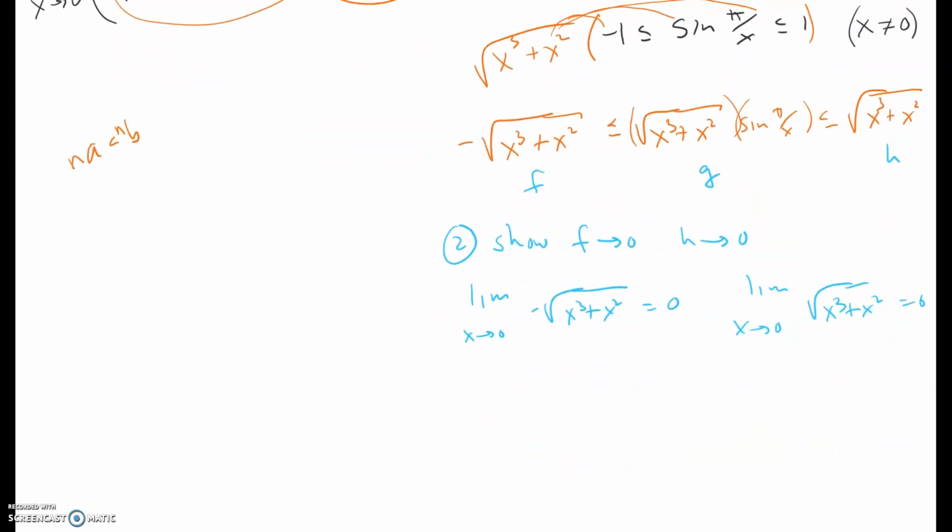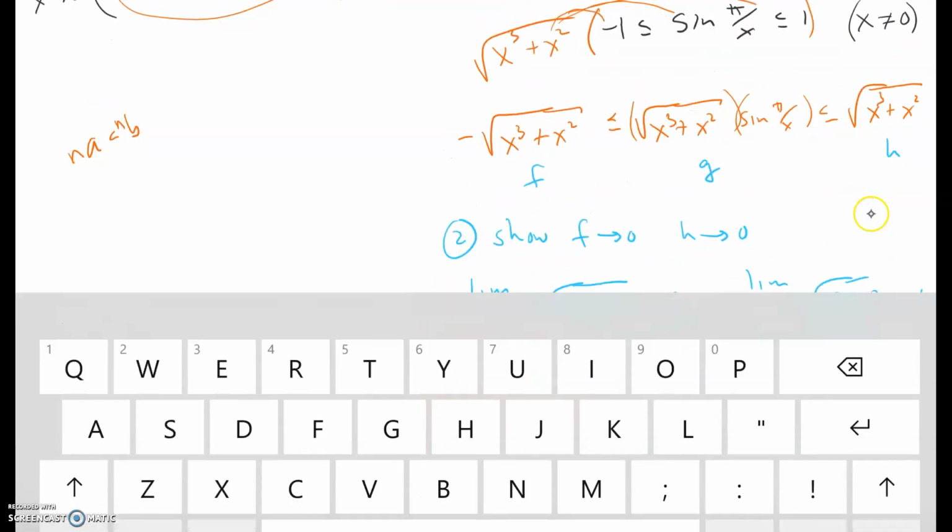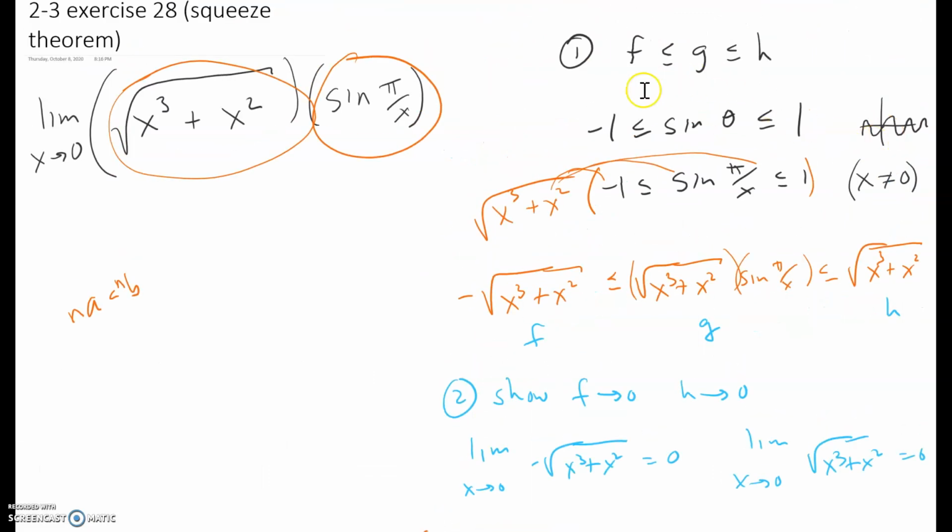According to the squeeze theorem, we can move on to step 3. Let's pick another color for step 3. So then you can conclude that if a function g is in between two other functions, and we know that f goes to 0 and h goes to 0, then we're forced to conclude that g must go to 0 as well.